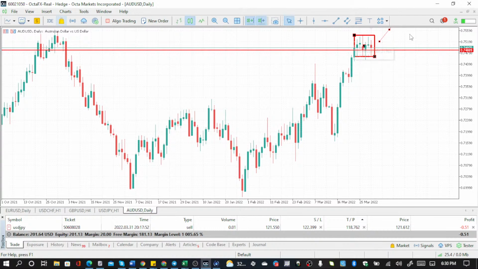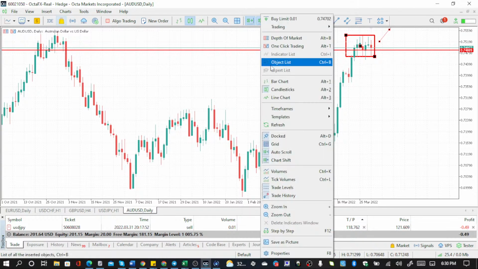But you see that the candle here actually broke out of this resistance level, and having broken out, what happened? There was a retest at this level, with a possible bullish momentum coming in.